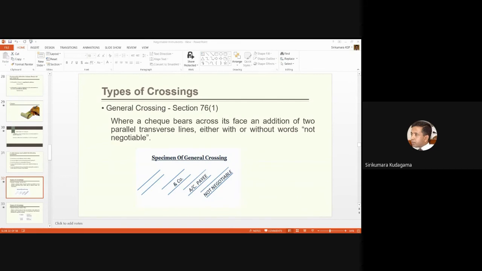We'll see the effect of a general crossing and a special crossing. These are general crossings. These are two lines with a company name, account payee only, not negotiable. So when you see two transverse parallel lines, either with or without the words not negotiable, it is a general crossing.